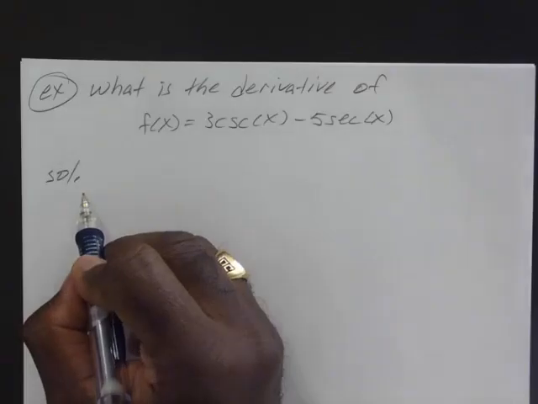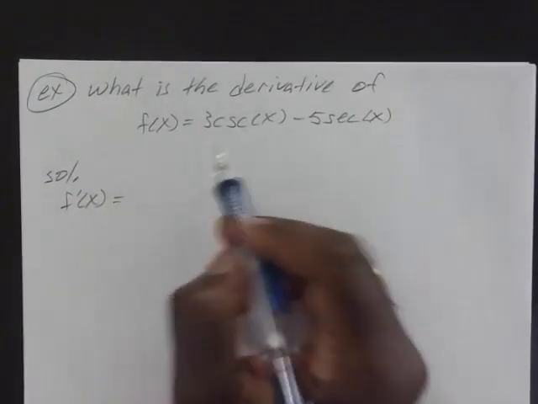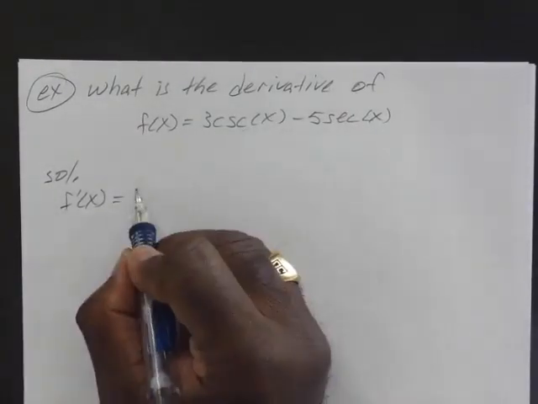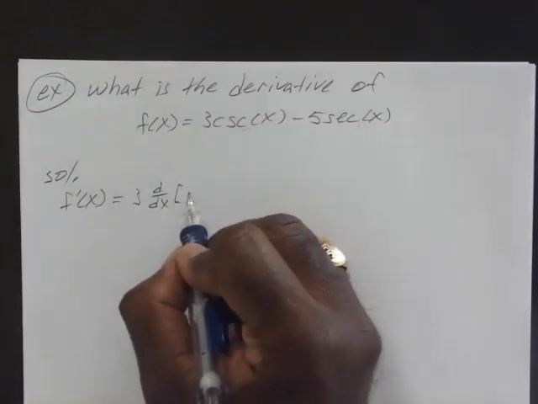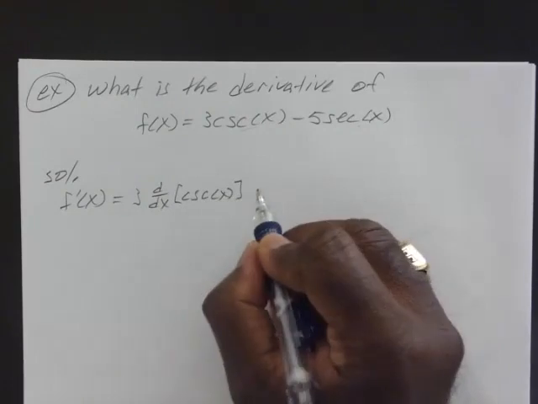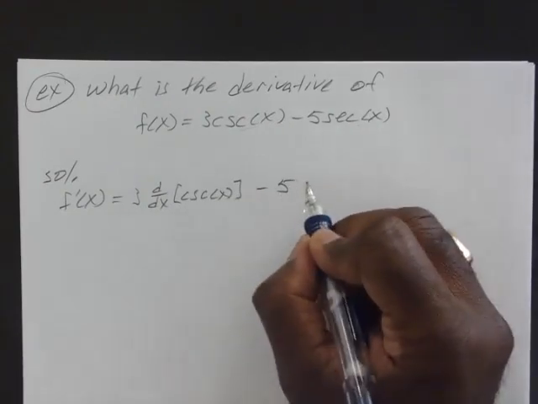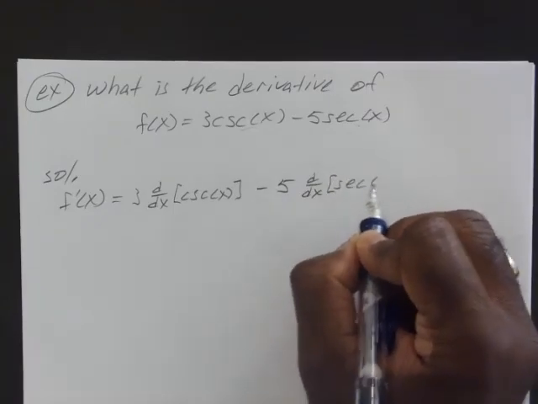Okay, well, we know that our f prime of x will just equal the derivative of each term. So that's just 3 times the derivative of cosecant of x minus 5 times the derivative of secant of x.